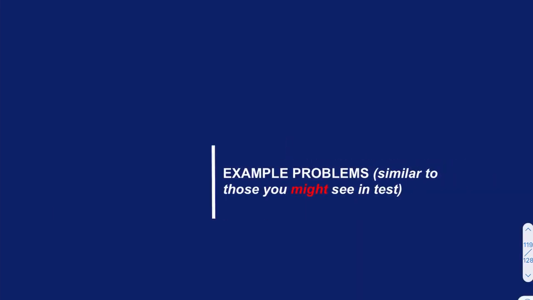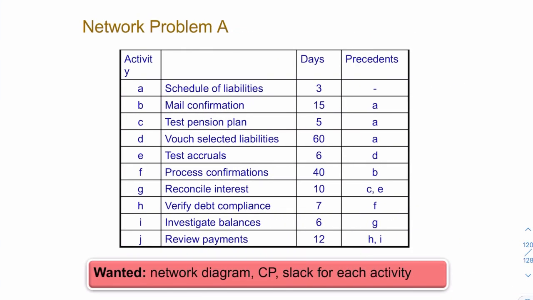Okay, here are a couple of examples, but in the interest of time, I will set these as homework for you. You don't need to submit it. It's just a useful exercise for you. It'll help prepare for your class test.